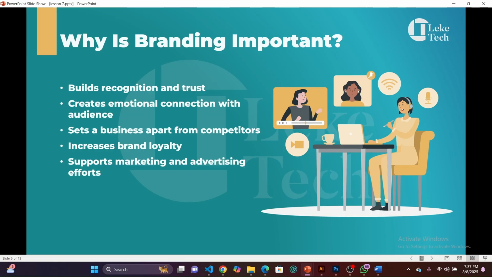And this builds trust, right? If somebody has interacted with my brand, for example Leke, and has had a good experience with it, wherever he sees this logo, he's going to trust it. Because he has interacted with the brand and got a positive outcome from it.